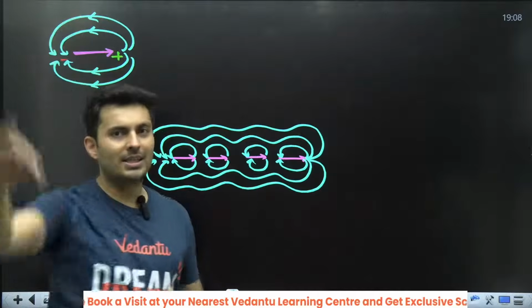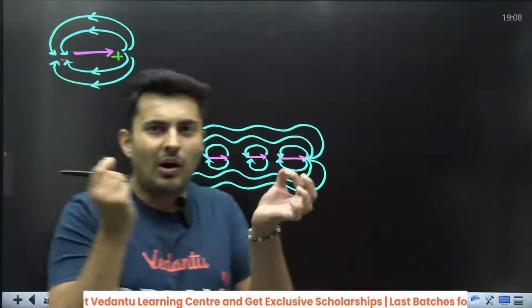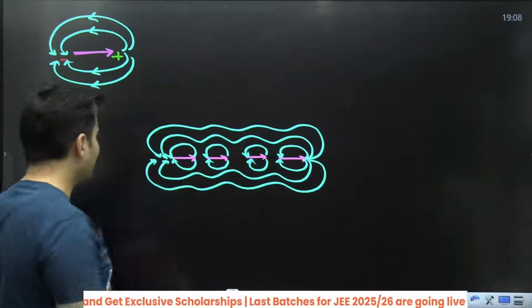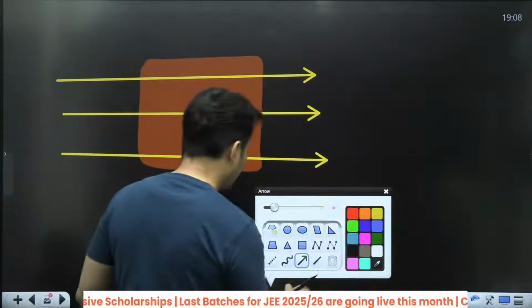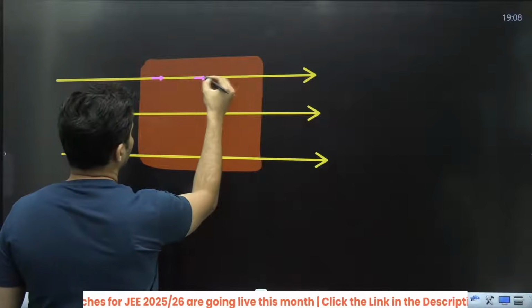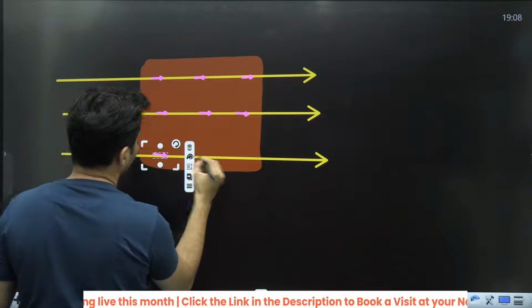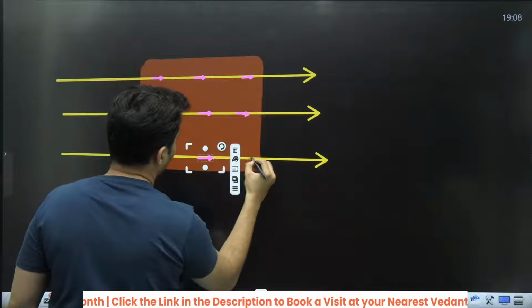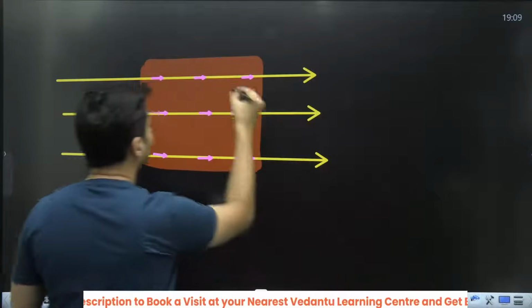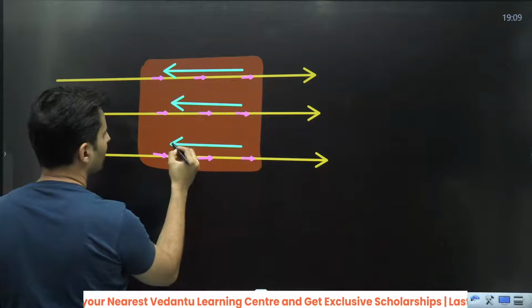Now imagine many such dipoles are there, infinitely many, all small dipoles placed very close. What you will see is that all these teeny mini dipoles, which are there everywhere, will create a reverse electric field which is induced in the opposite direction.